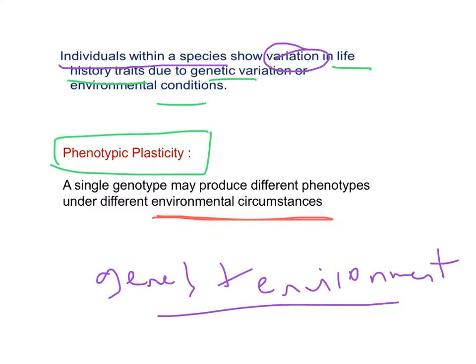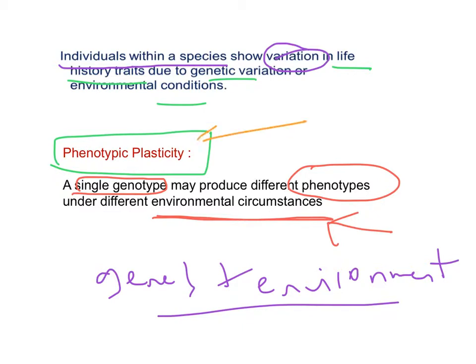Okay, so if you have a single genotype, let's say you have a particular species that produces genetic clones even, a single genotype can still produce a number of different phenotypes given differences in the environment, okay? So for certain species, environmental influences on the phenotype may be really strong, and in other species, environmental influences on the phenotype may be relatively weaker, okay?